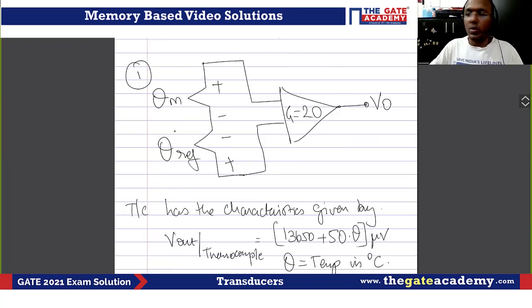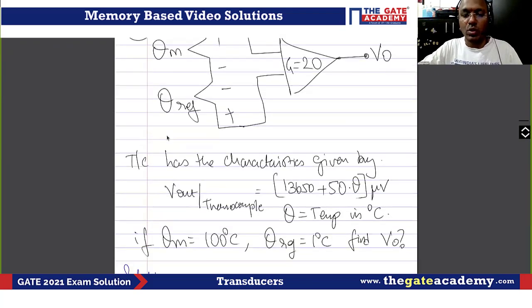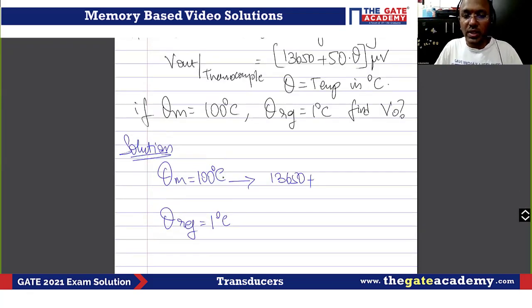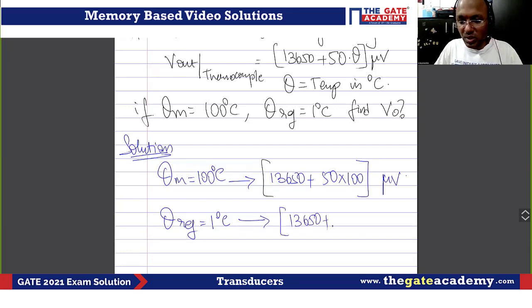So what will be the output because of theta m? It's going to be 13,650 plus 50 into 100 microvolt. And for 1 degree centigrade, I'm going to get 13,650 plus 50 into 1 microvolt.